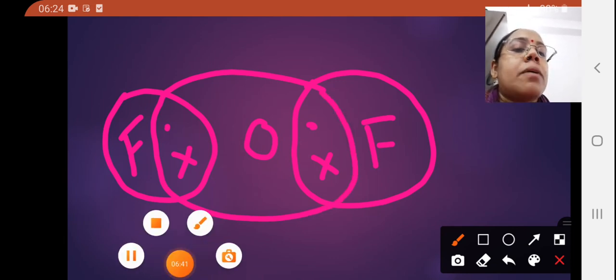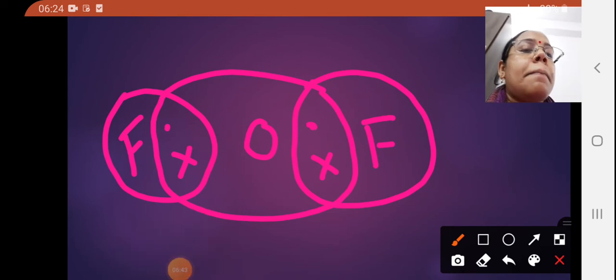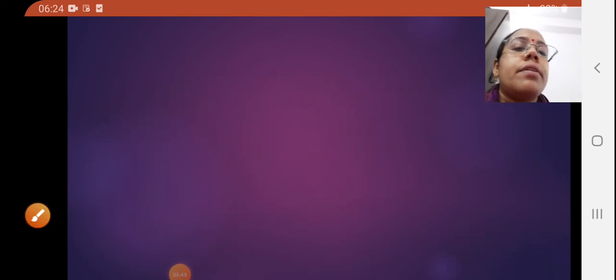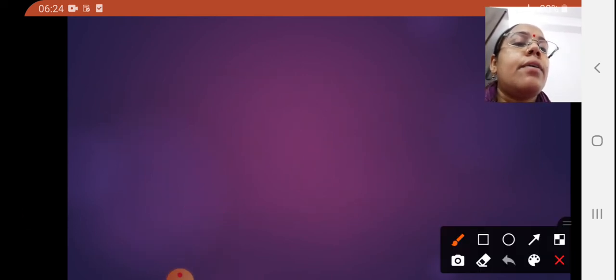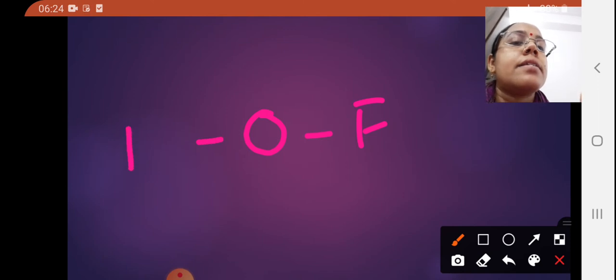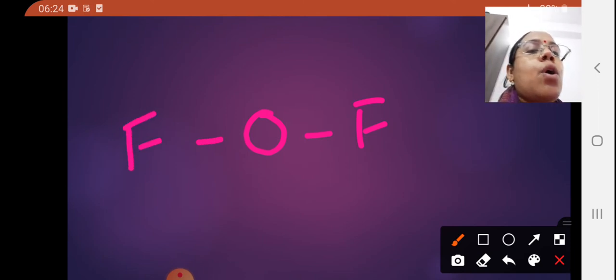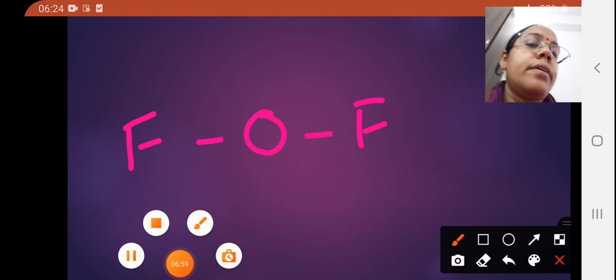So this is the bonding in OF2. When we show the bonding here, O will be in the middle, with single bonded F on this side and single bonded F on that side.